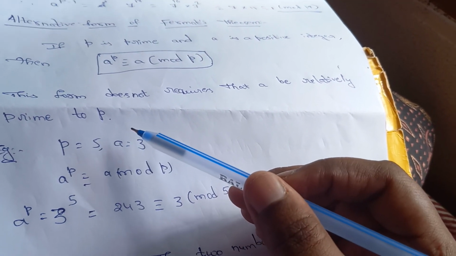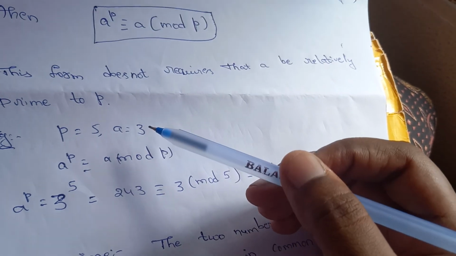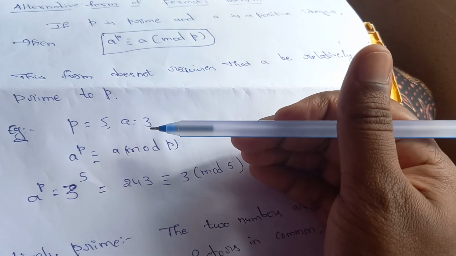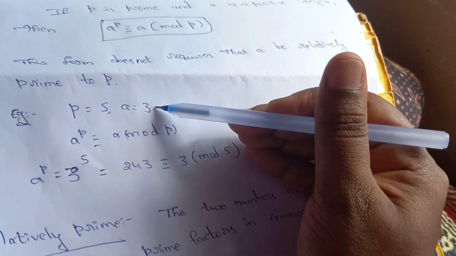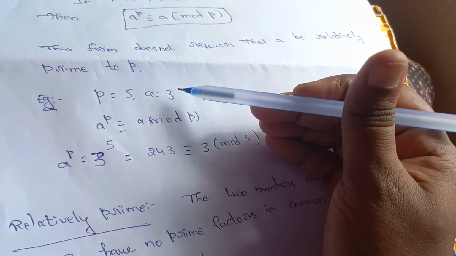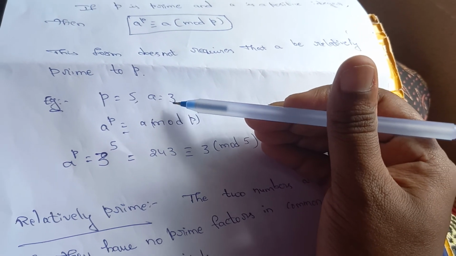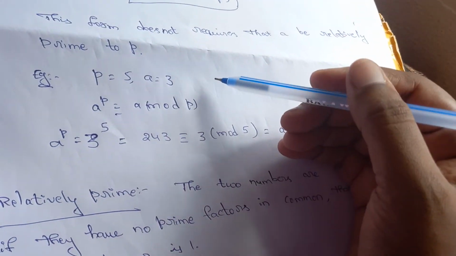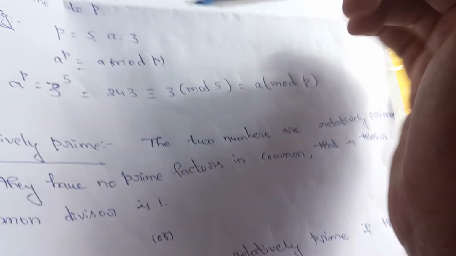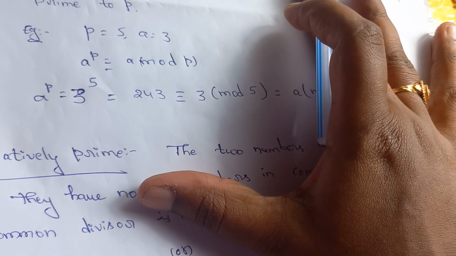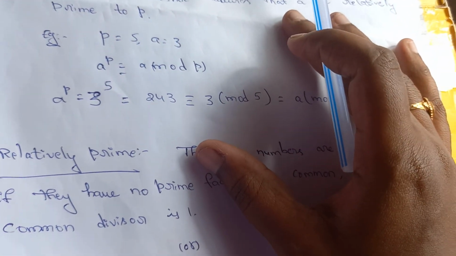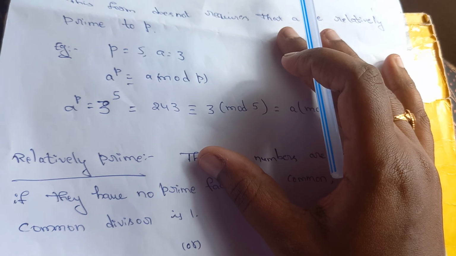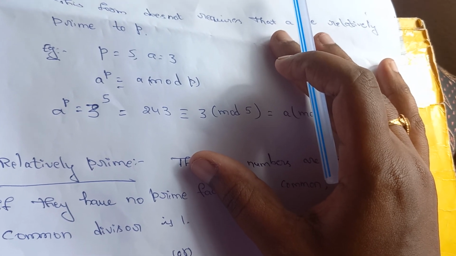You should take the p value as a prime number only, and for a you can take any positive integer, not only relative primes or prime numbers. So the equation is a power p equivalent to a mod p. The value of a is 3, and the value of p is 5.